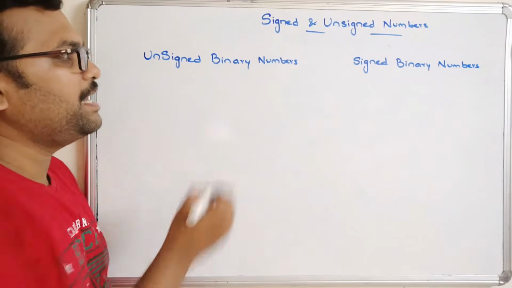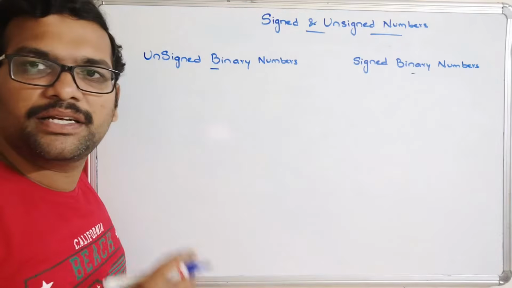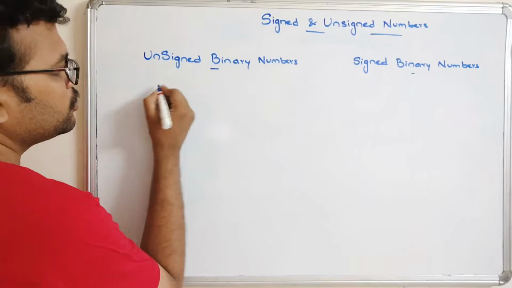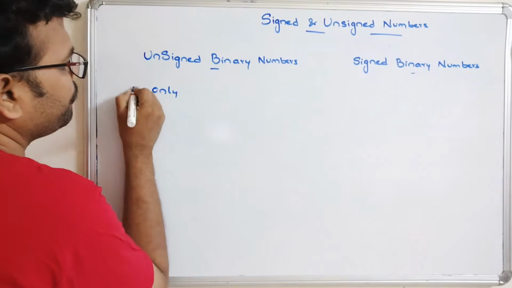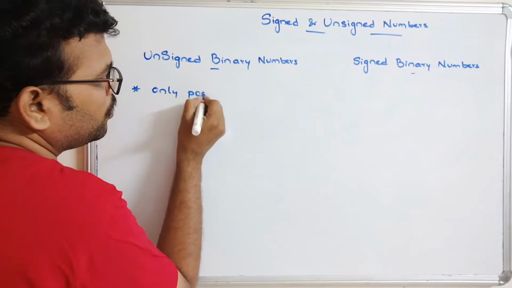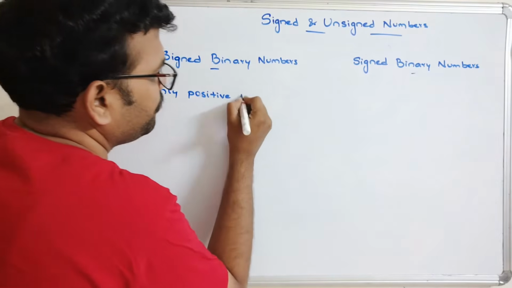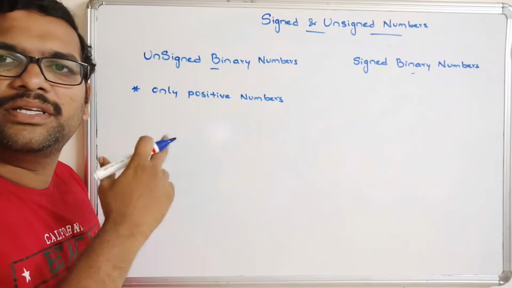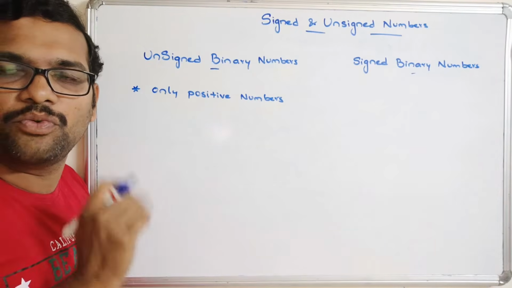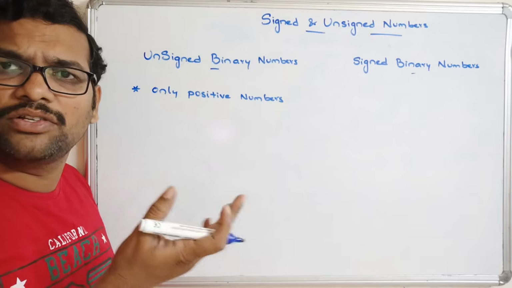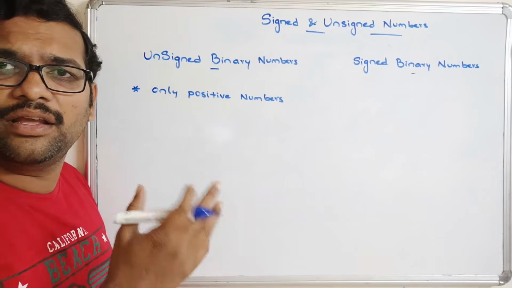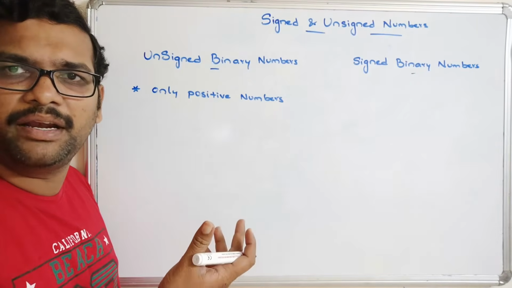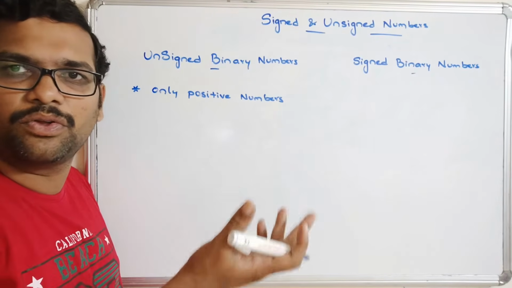Here the unsigned binary numbers are the representation of only positive numbers. We call them unsigned binary numbers. So we can't represent negative numbers in unsigned binary numbers; we can represent only positive numbers. And we have also seen how we can represent any positive decimal number with a binary number. I'll post the link in the description, just follow that.